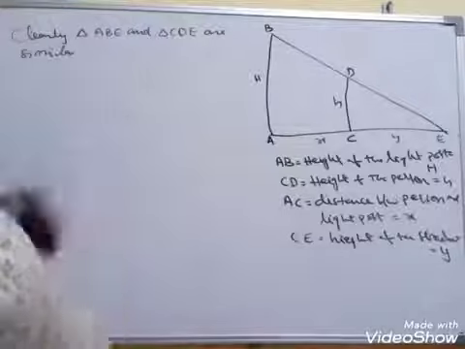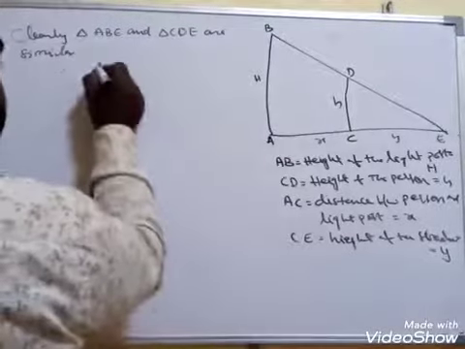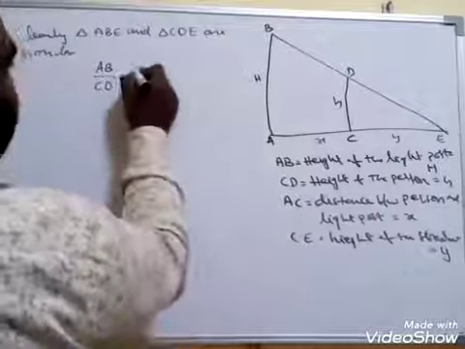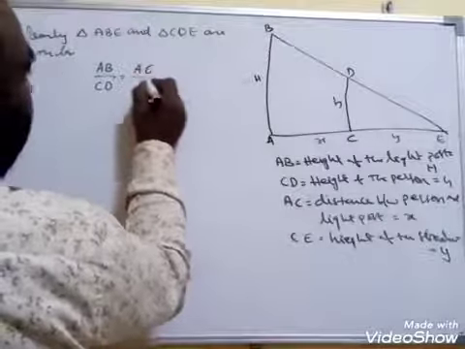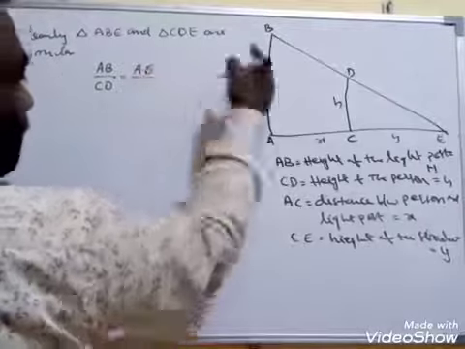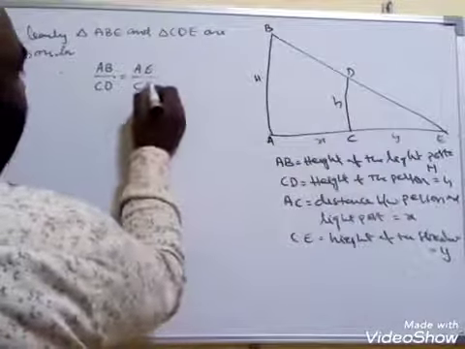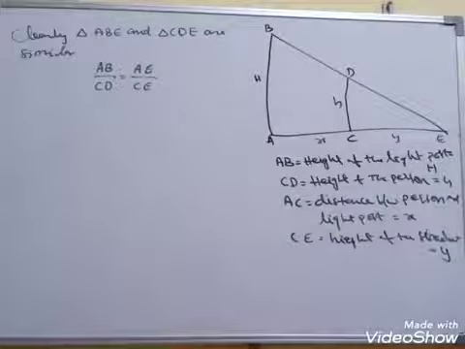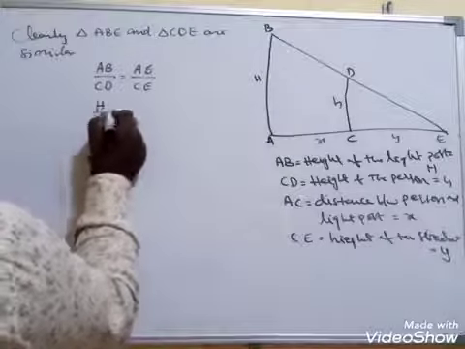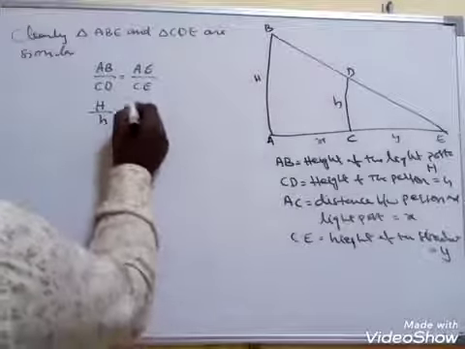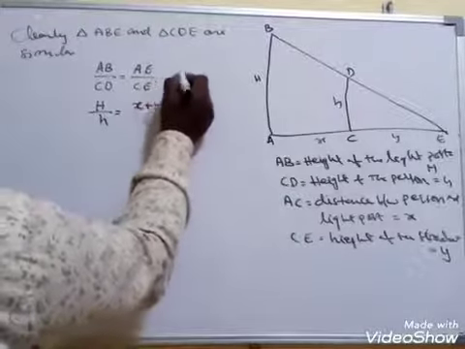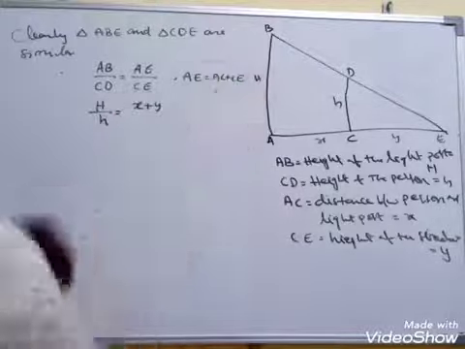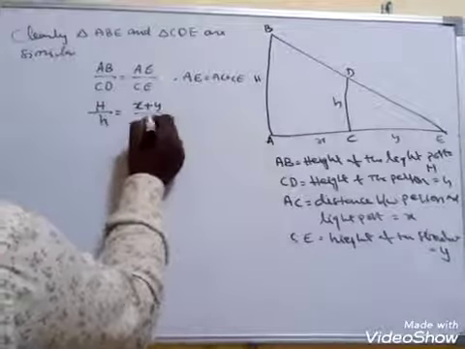Therefore, opposite side AB by CD is equal to adjacent sides, that is AE by CE. Now AB is capital H, so capital H by small h is equal to AE by CE. Here AE is equal to AC plus CE, so it is x plus y by y.